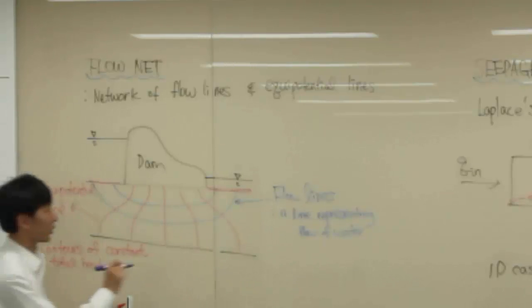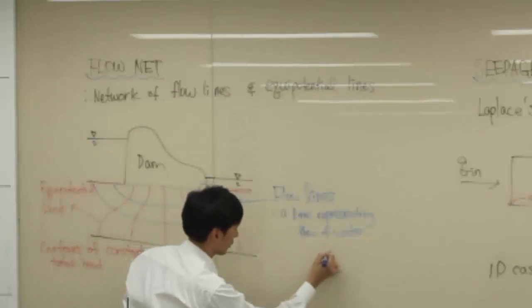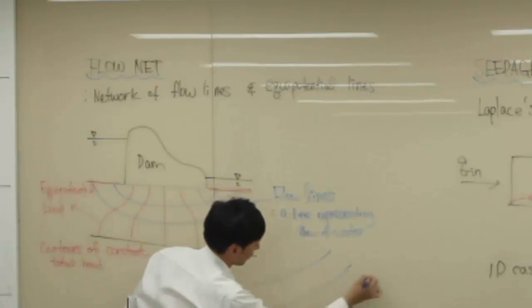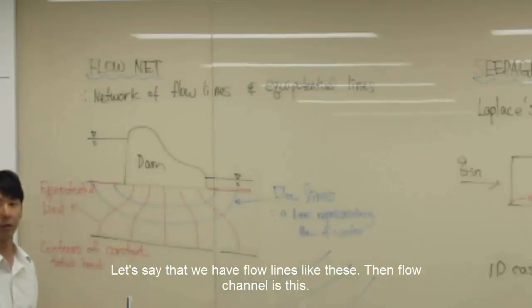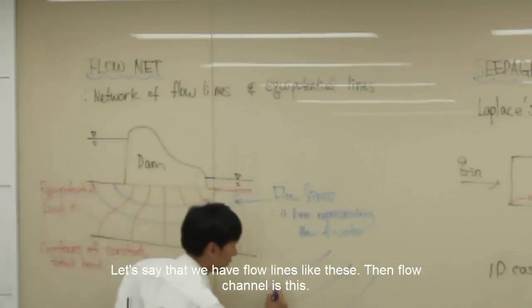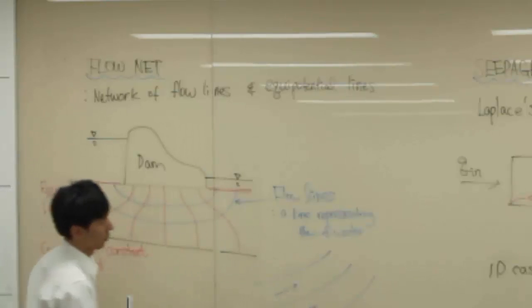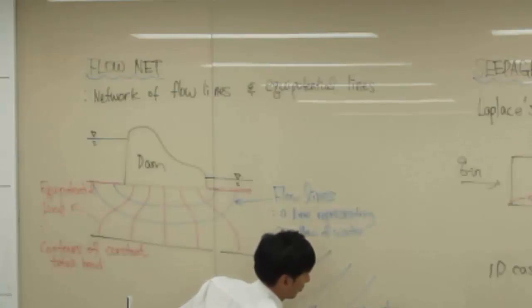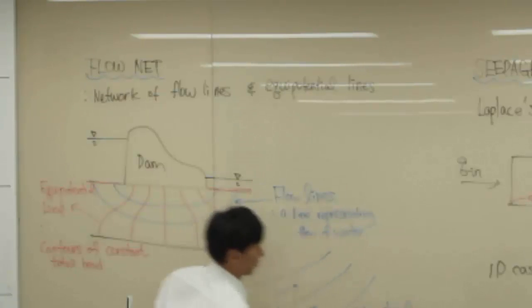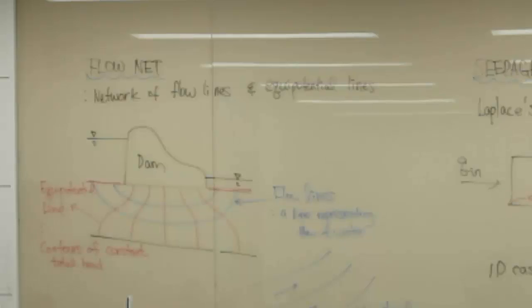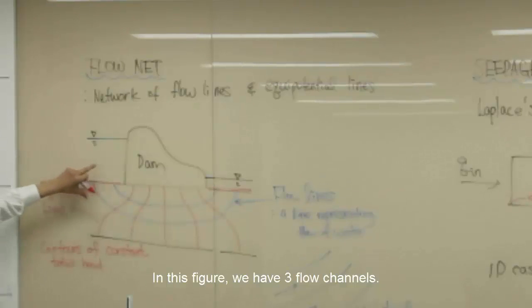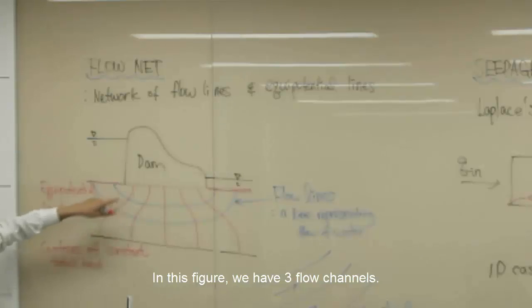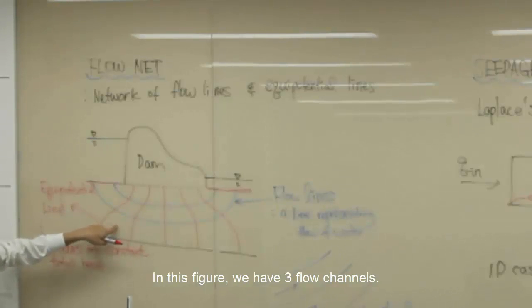What about the flow channel? For example, let's say that we have a flow line like this, then this is the flow channel. So in this figure, how many flow channels do you have? 1, 2, 3, right? 3 flow channels.